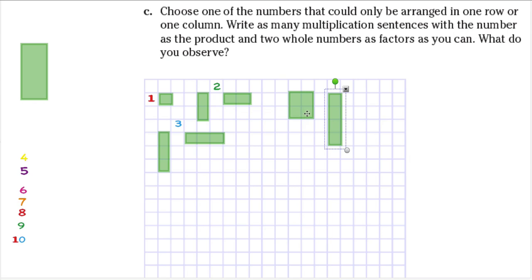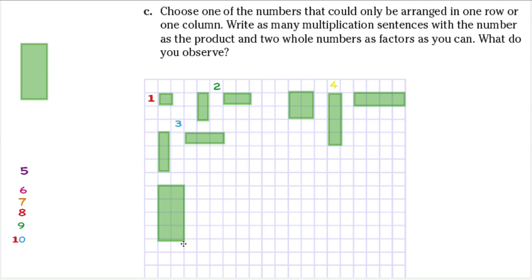Another possible combination would be to make this horizontal, right there. So you can see in 4 there are 3 possible combinations.